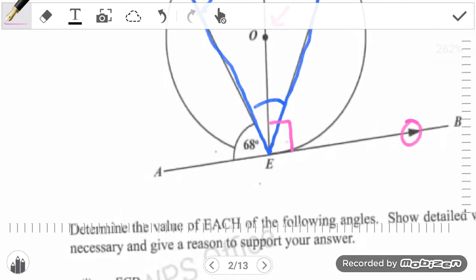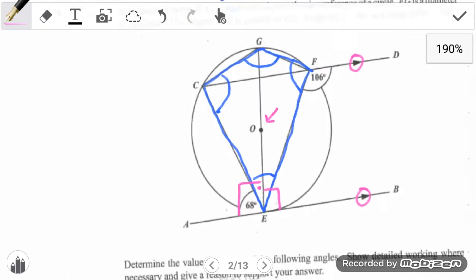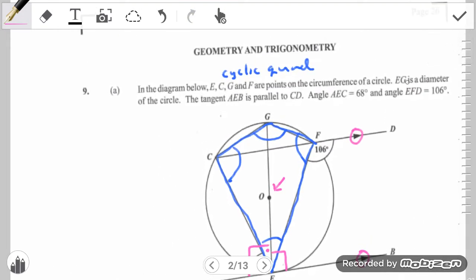So zooming up here, right away, I can see that over here is going to be 90 degrees. And out of the 90, I already have 68. So in the event that I need to find this angle right in here, I'll know that I just need to take that 68 away from 90 to get that angle if it is required to be found. All right, so that's again the second line giving us more information, more clues.